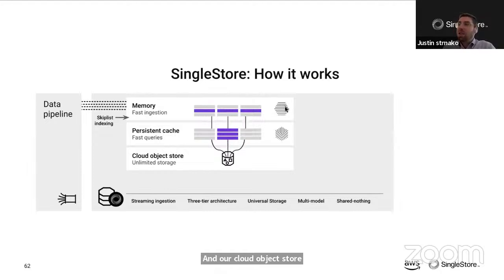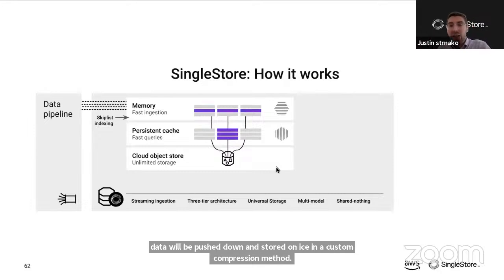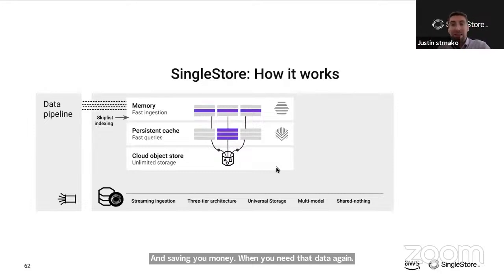Now, as I mentioned before, as data ages and you continue to push more data into the system, we want to store it in the most effective way possible. And so if we think of this as hot, warm, and cool, the data will be pushed down and stored on ice in a custom compression method, again, saving you money. When you need that data again, simply run a SQL query. That's it.